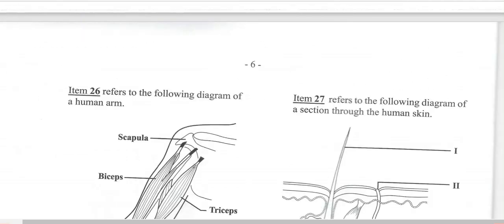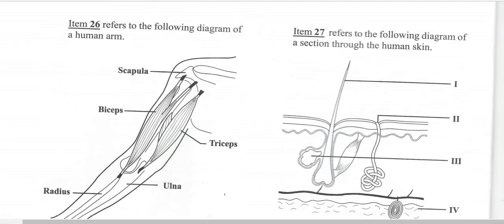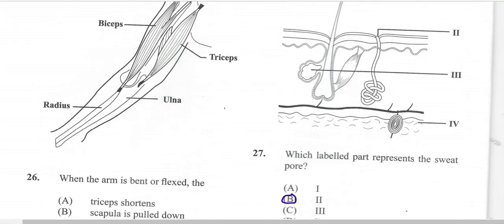We move on to question number 26, which refers to the following diagram of a human arm, which is nicely labeled with the scapula, the bicep, the tricep, the ulna, and of course the radius.